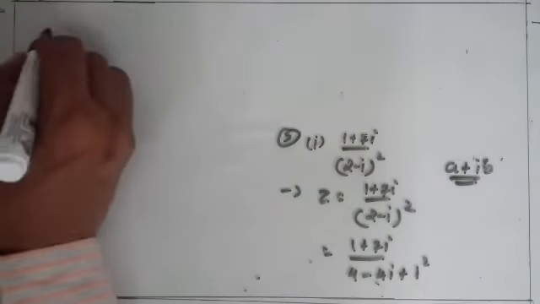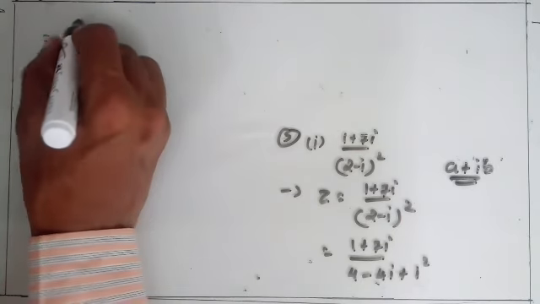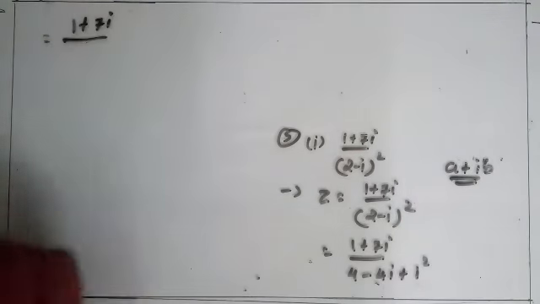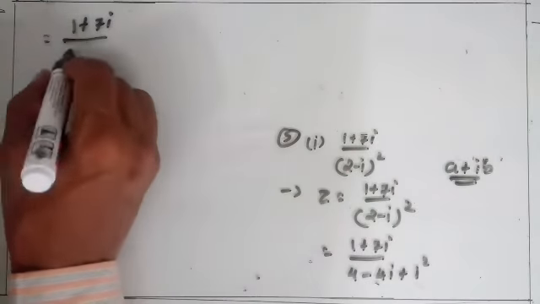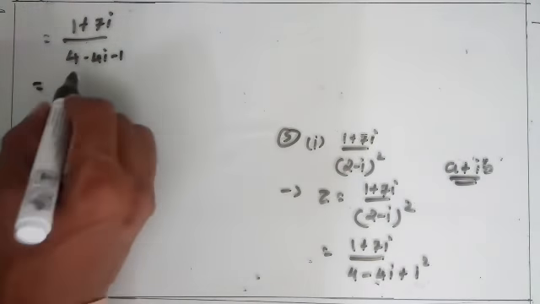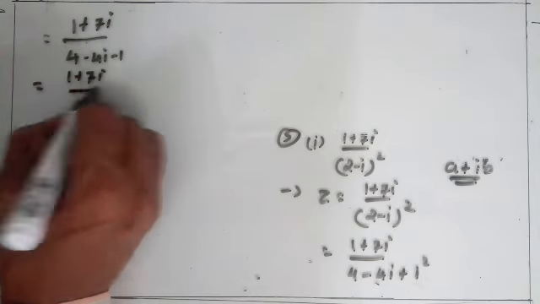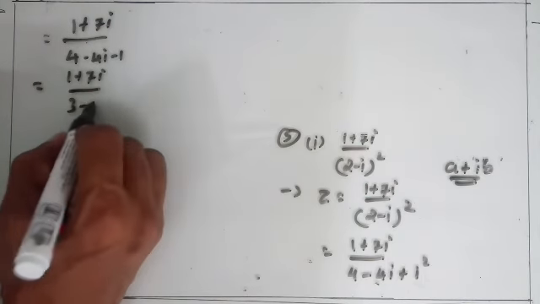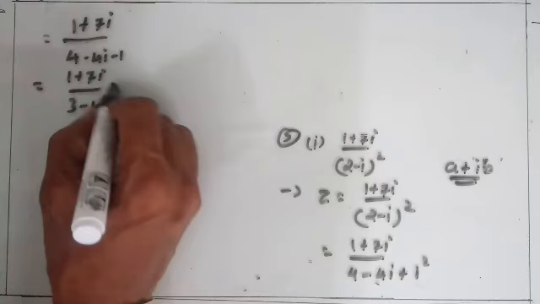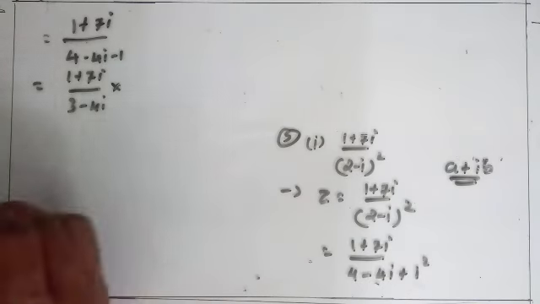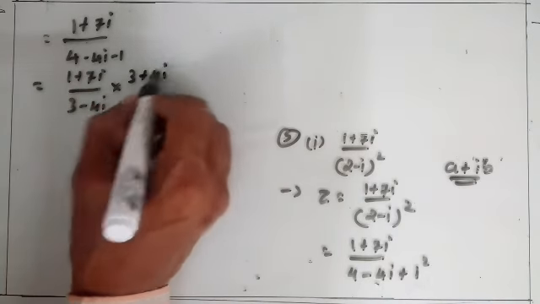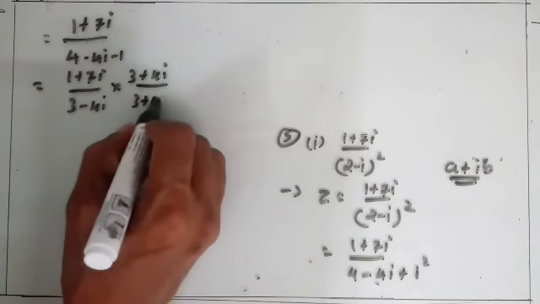So it is equal to 1 plus 7i upon, with i square equal to minus 1, 4 minus 4i minus 1, which becomes 3 minus 4i. Now change into standard form by multiplying by the conjugate of this, 3 plus 4i upon 3 plus 4i.